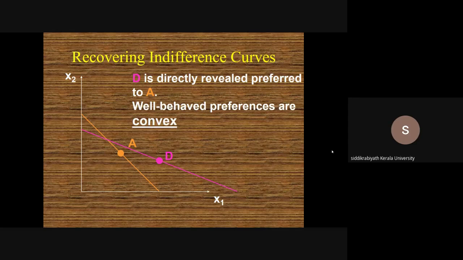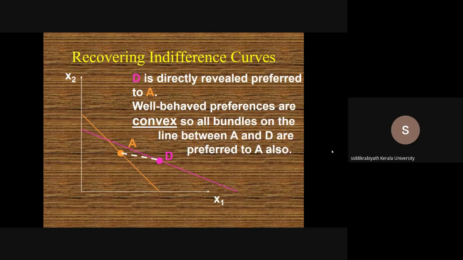So well-behaved preferences are convex. Therefore, you have this direction. Okay, so all bundles on the line between A and D are preferred to A itself. Everything within the A and D set is actually preferred to A. That is, A is inferior to all other points between A and D. All right.